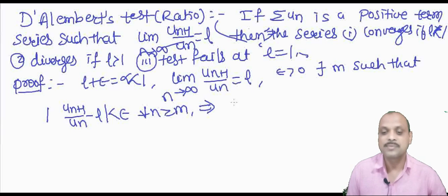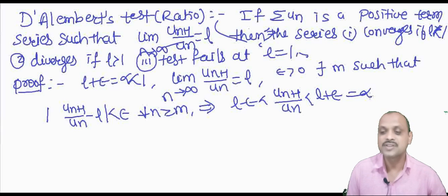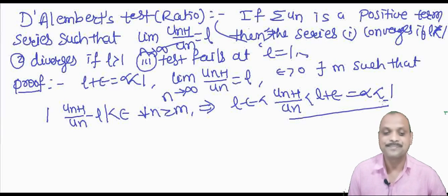So applying the property of modulus, we get that L minus epsilon is less than u_(n+1) divided by u_n is less than L plus epsilon, and we have taken this as alpha, which is less than 1. Now consider this part, u_(n+1) divided by u_n.